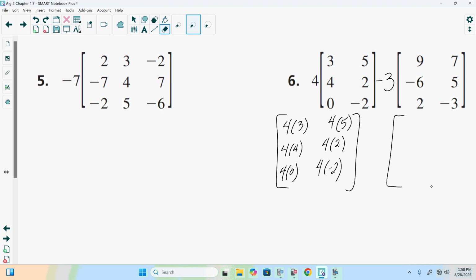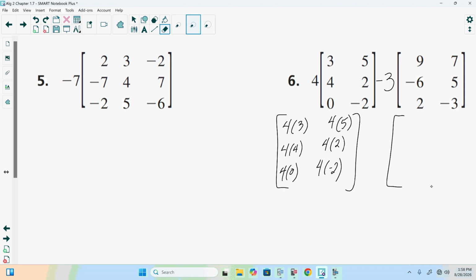Now the question is, for the other matrix C, do we multiply by positive 3 or negative 3? And the answer to that is yes. It does not matter which we do.